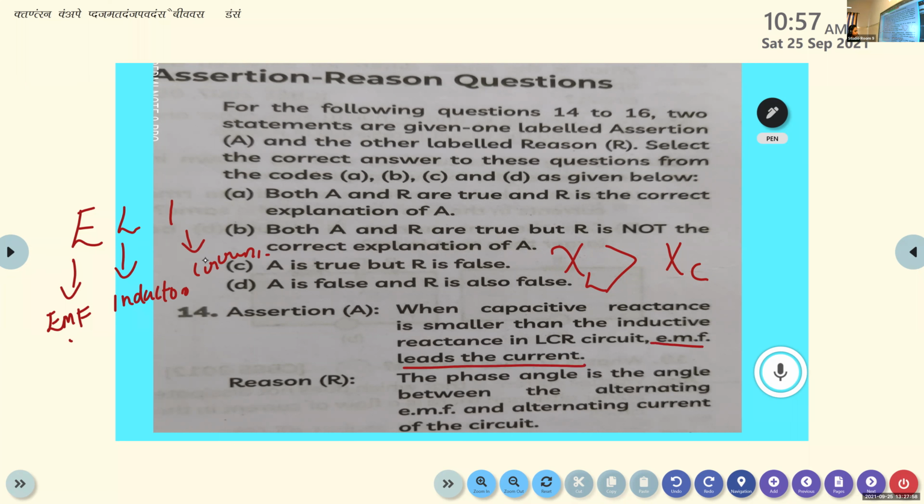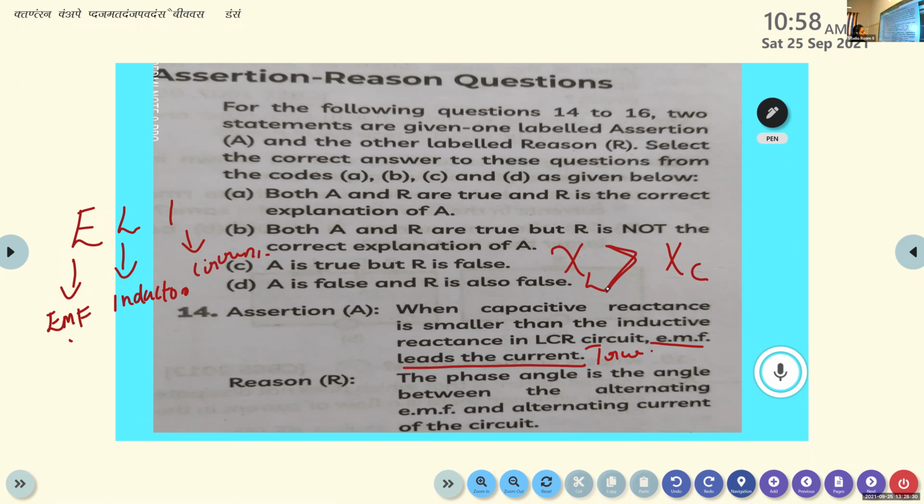So is the assertion true or false? True. It is correct. If X_C is greater than X_L, it is a capacitive circuit, and then we can say it is incorrect. But here X_L is greater than X_C, so EMF leads the current.